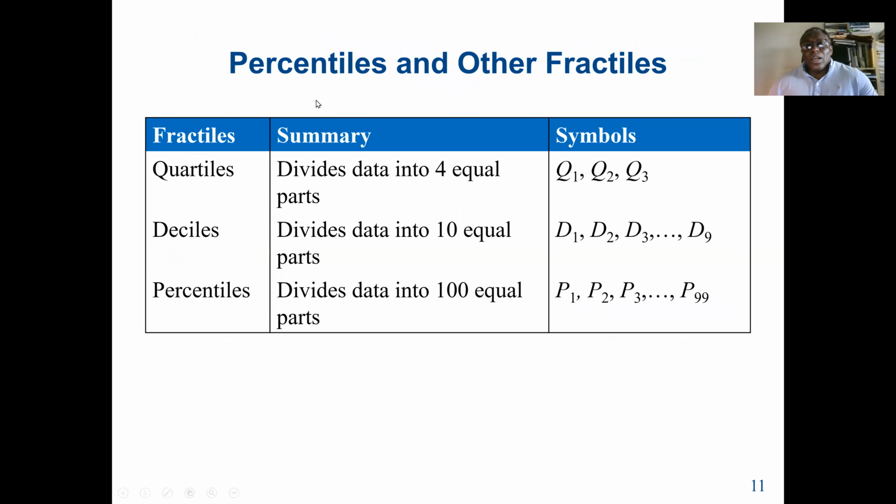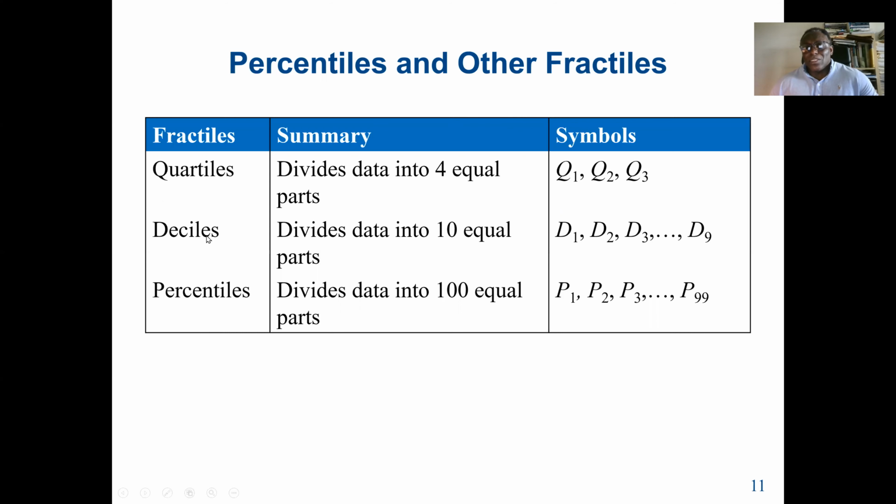So we also can find the percentile and other fractiles. It can be 5 or 6 equal parts, like a hexagon. If it's 20, it can be any amount. So here the quartiles mean only 4. So we divide data into 4 equal parts, and we get Q1, Q2, Q3.